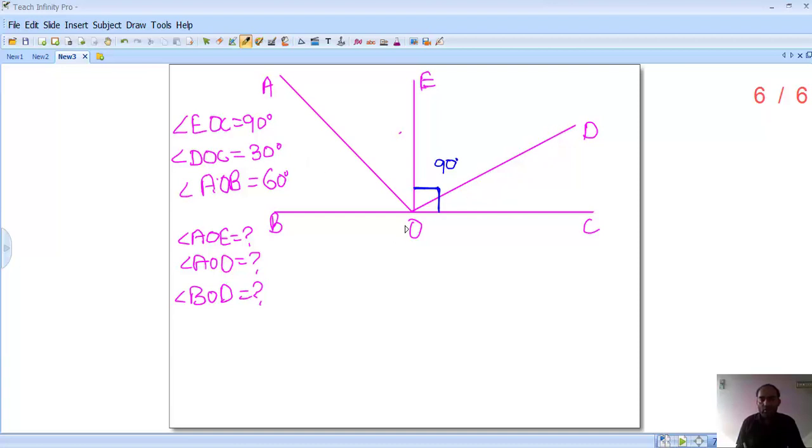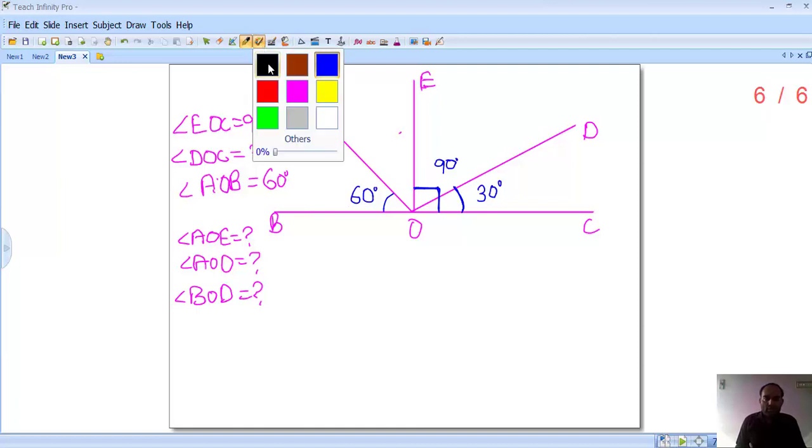Angle AOB is 60 degree. This is given to us.